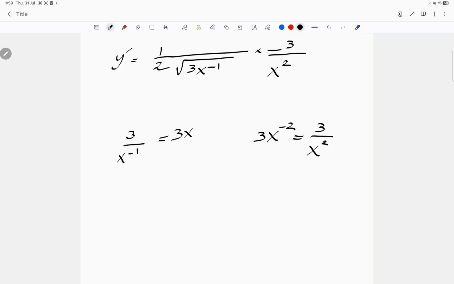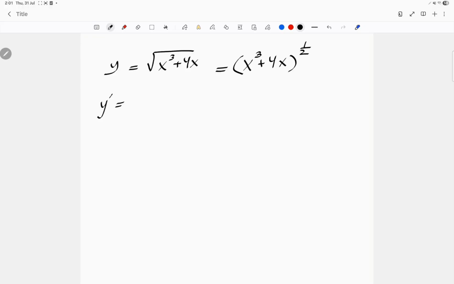You guys will like this one. And it's okay to leave it as negative power. I don't mind, okay? Just solve something. Go ahead. Find the y prime. First of all, this is going to be (x cubed plus 4x) to the power of half, correct? That's before differentiation.